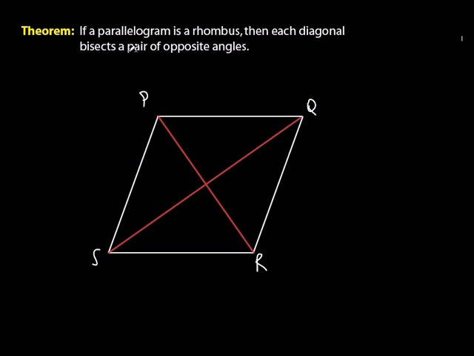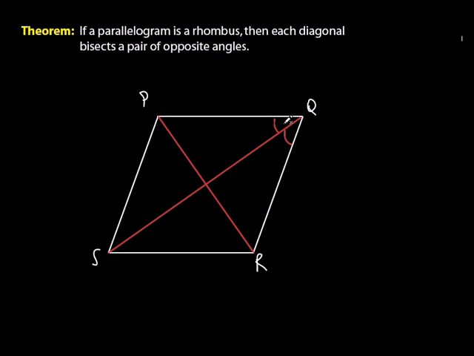Now here's what it says. Each diagonal bisects a pair of opposite angles. What does that mean? That means that here are the opposite angles, S and Q. This diagonal bisects both of these angles, S and Q. That means that this angle and this angle are going to equal each other. Now remember, the whole entire angle Q and the whole entire angle S were equal to each other.